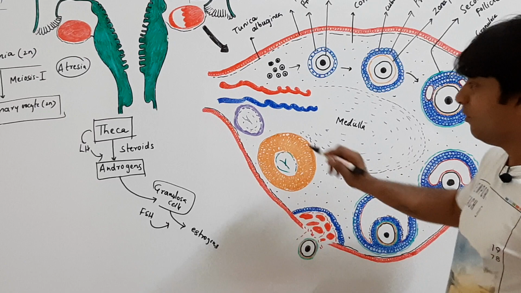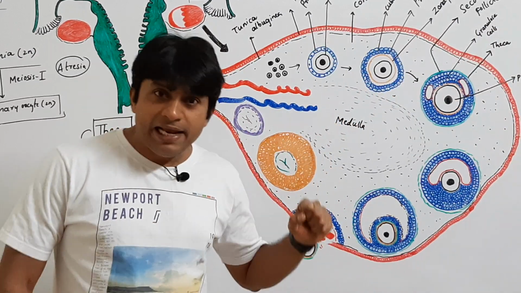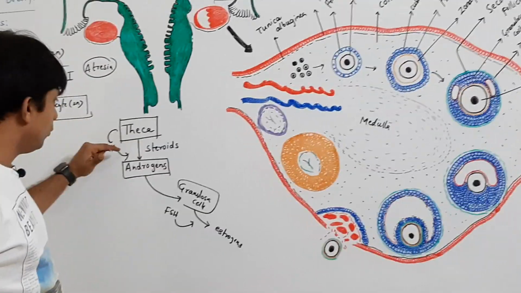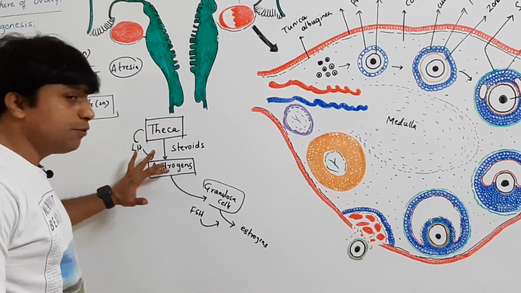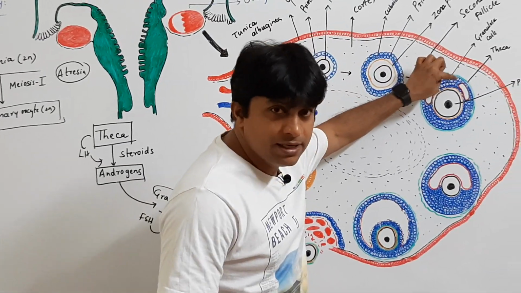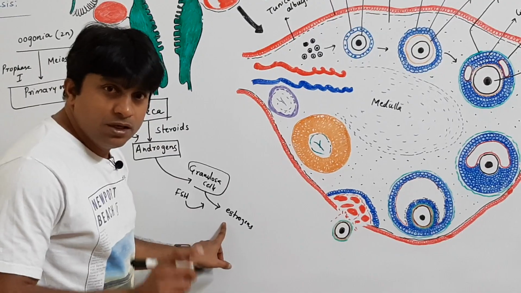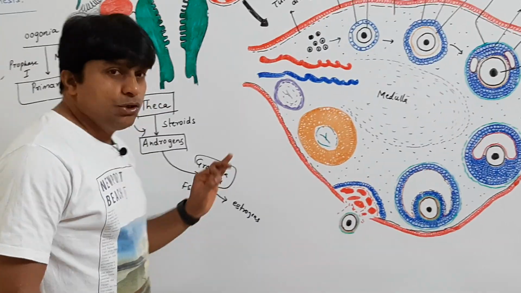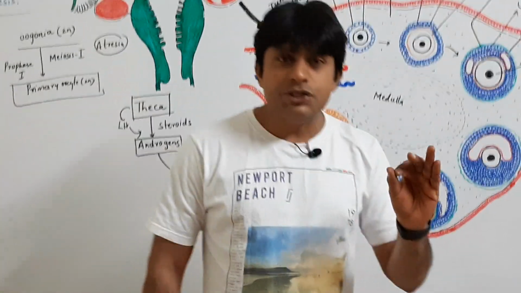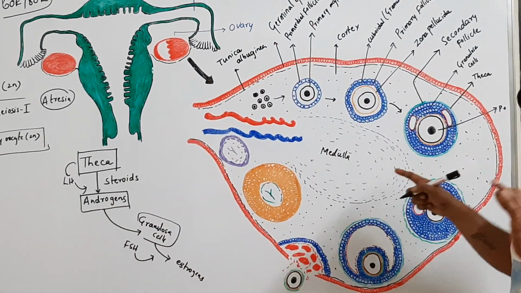But how? First, the theca takes the steroids. Under the influence of luteinizing hormone, these steroids are converted into androgens, and these androgens enter into your granulosa cells. In the granulosa cells, the androgens are converted into estrogens by your follicle stimulating hormone. This is the function of your theca.